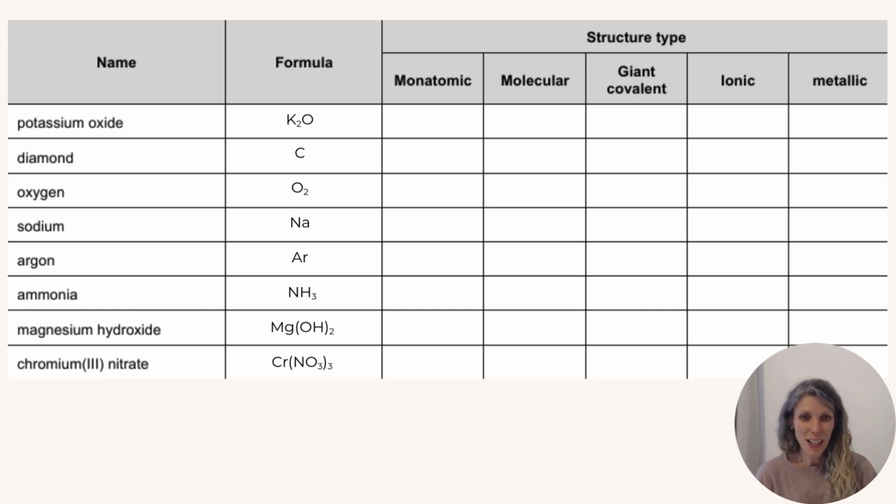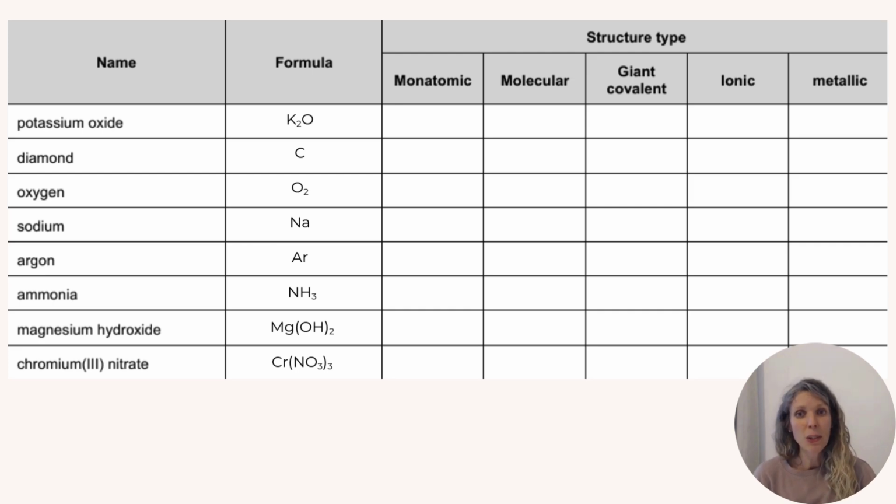If you find sodium on the periodic table, it's over on the left-hand side in group 1. That makes it a metal and therefore metallic. Argon, number 5. Argon, if you again refer to your periodic table, it's in group 0. And group 0 is that special group that has its own structure type, and that is monatomic.